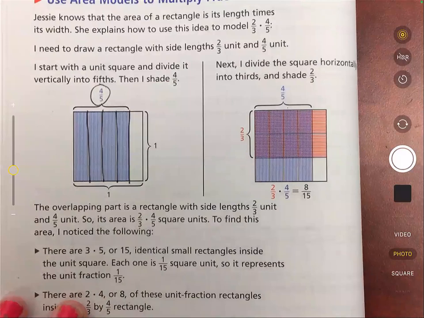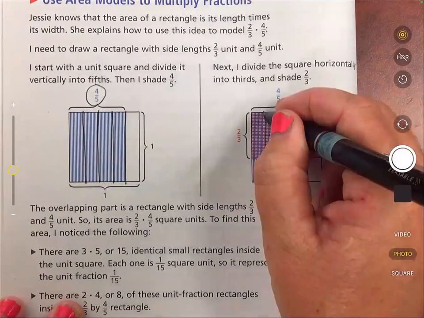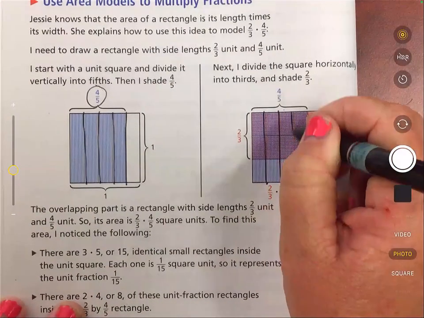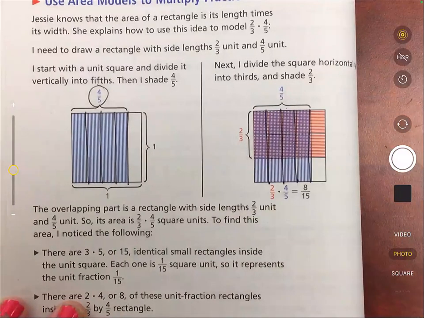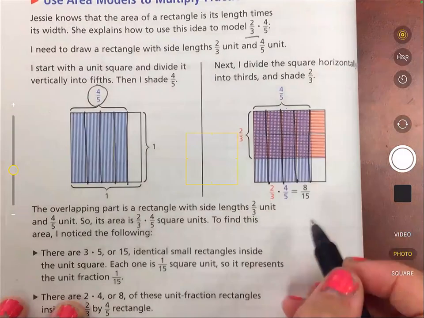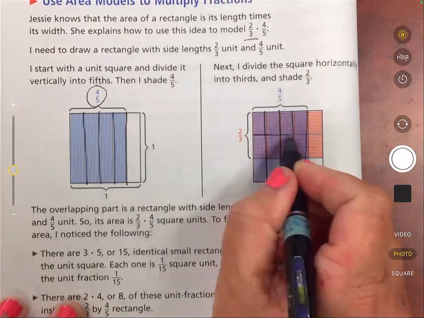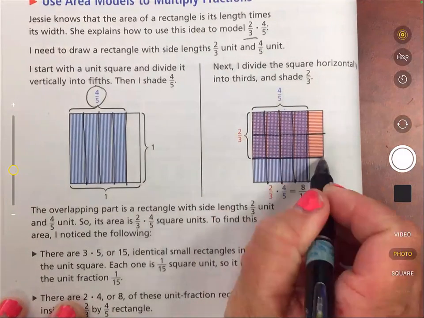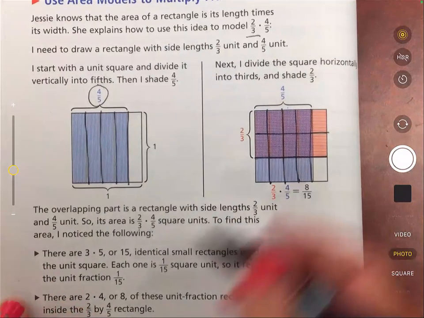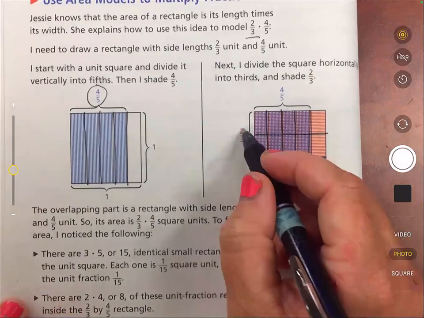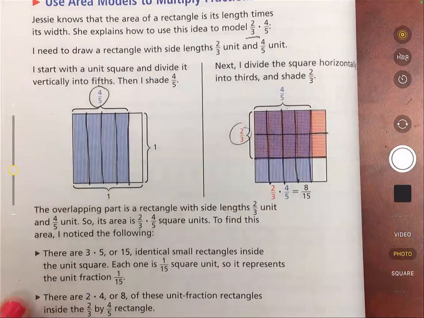And then on the other side, I'm going to draw these lines in again. So the blue is still our 4/5, but our other fraction is 2/3. So on the other side of the square, we divided it into 3 sections, and we colored in 2 of them with red. So this side is our 2/3.